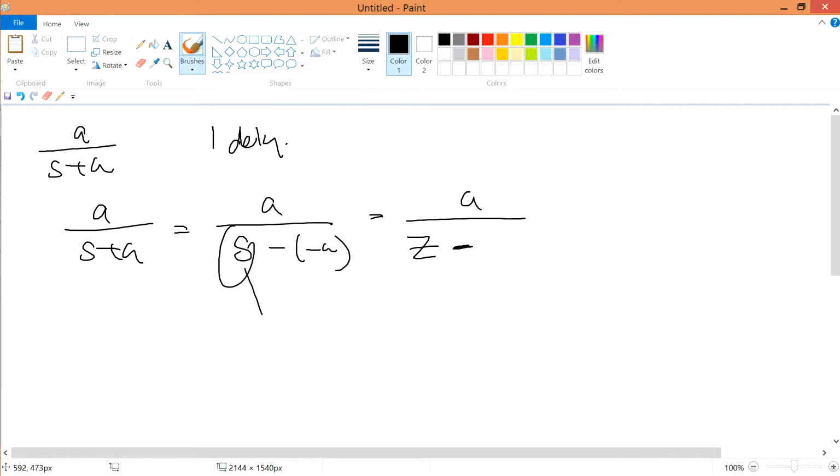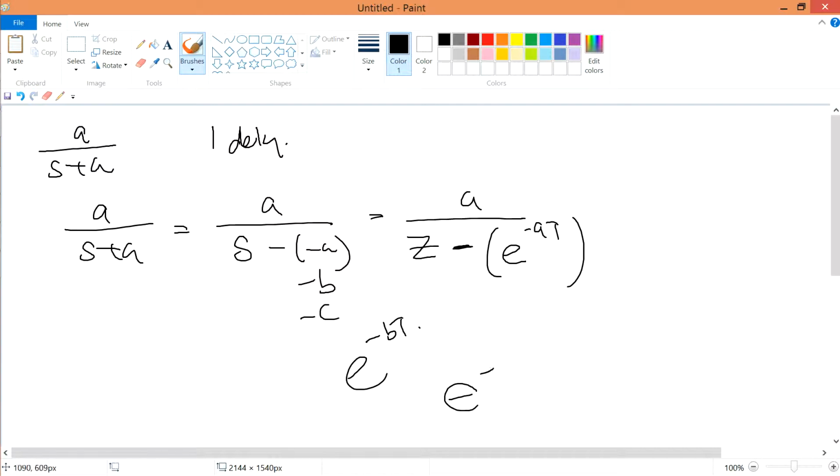So S straight away equals Z, while the minus A over here I'll write as E minus AT. If it's minus B, I'll write E minus BT. If it's minus C, I'll write E minus CT. If it's C, then I'll write E to the power CT. I think you get what I mean already.